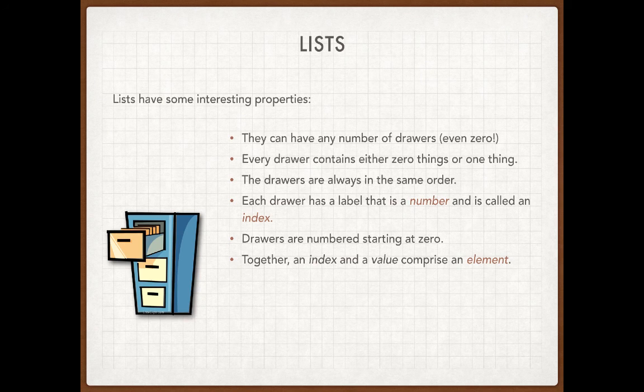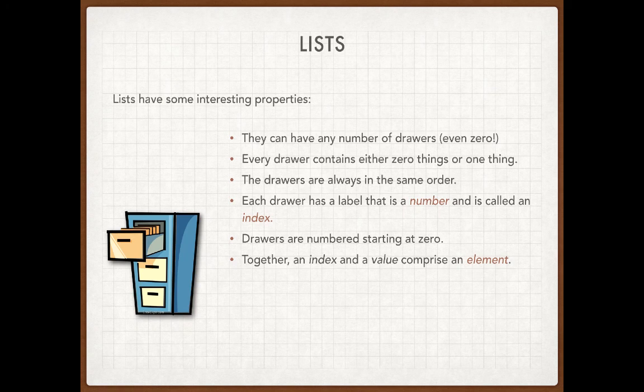And at the beginning of our process, we might not have any elements at all. So we might want to create an empty list or an empty filing cabinet that has no drawers, and then add elements to it as we go through. That's totally fine. Every drawer is a little bit like a bucket in that it can contain either 0 things or it can contain 1 thing. It's either empty or it's full.